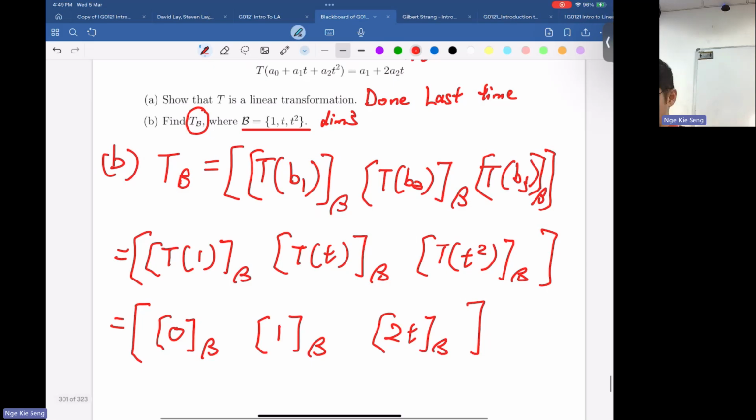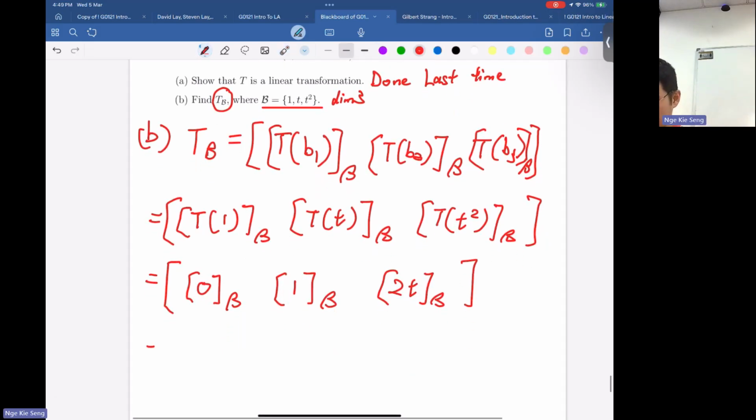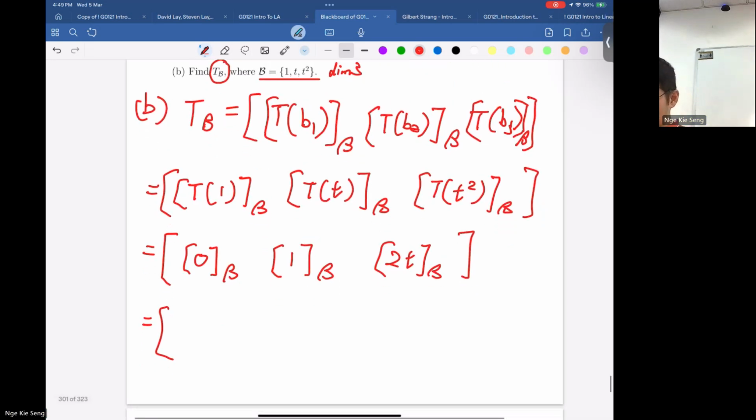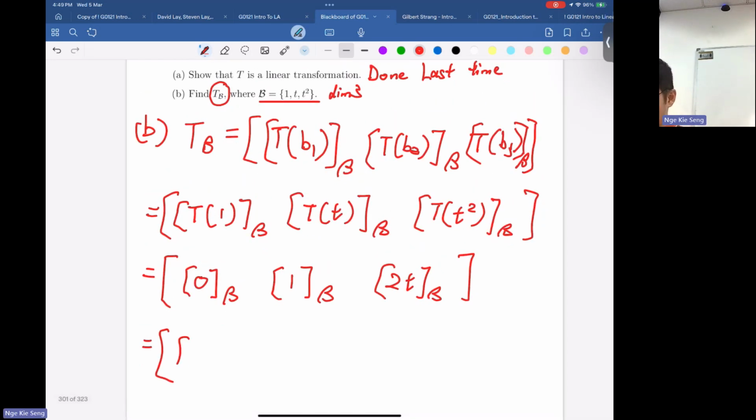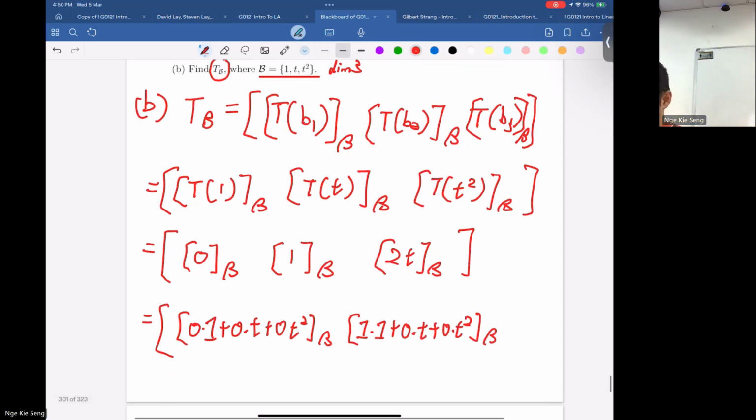Now the problem is how you read these polynomials in terms of beta. Let me write down the full steps for you. How to write 0 as a linear combination of 1, t, t squared: 0 times 1 plus 0 times t plus 0 times t squared. 1 is 1 times 1 plus 0 times t plus 0 times t squared. 2t is 0 times 1 plus 2 times t plus 0 times t squared.